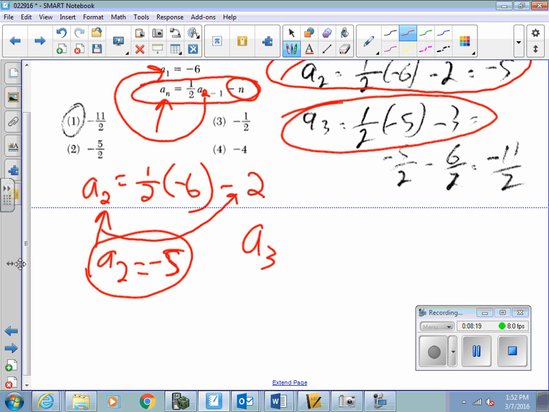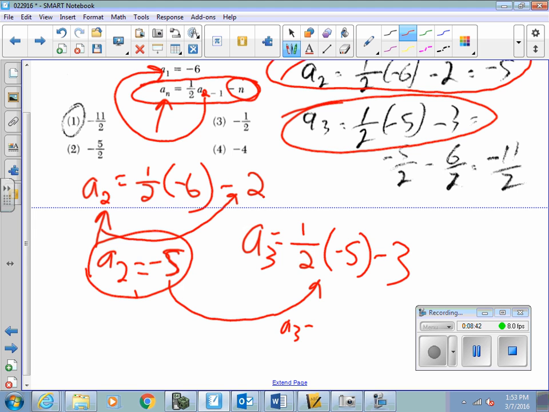They plugged in -5. So a sub 3 is equal to 1/2 of a sub 3 minus 1, which is really going back to your a sub 2. So this is going to plug in right here. So that's -5 minus 3, because you're looking for the third term. So that's why 3 goes over there.